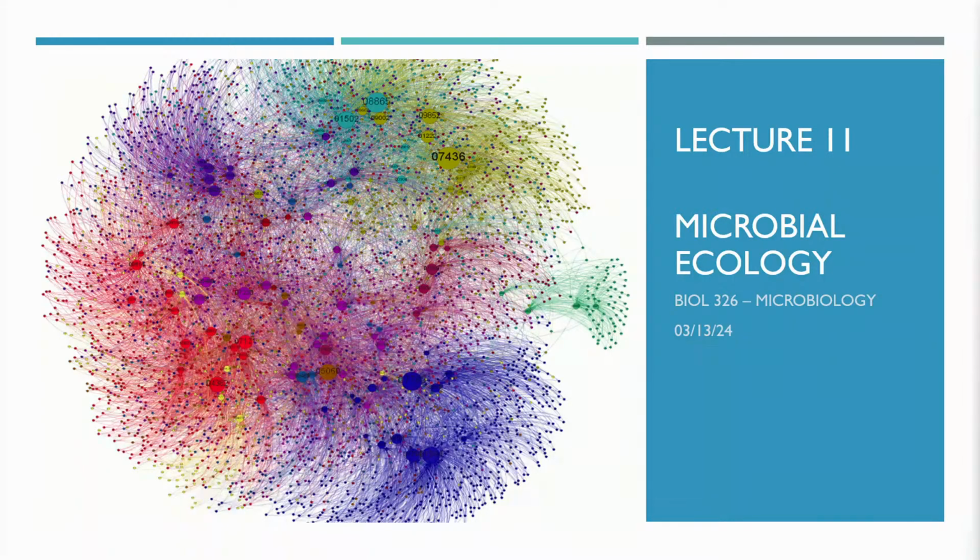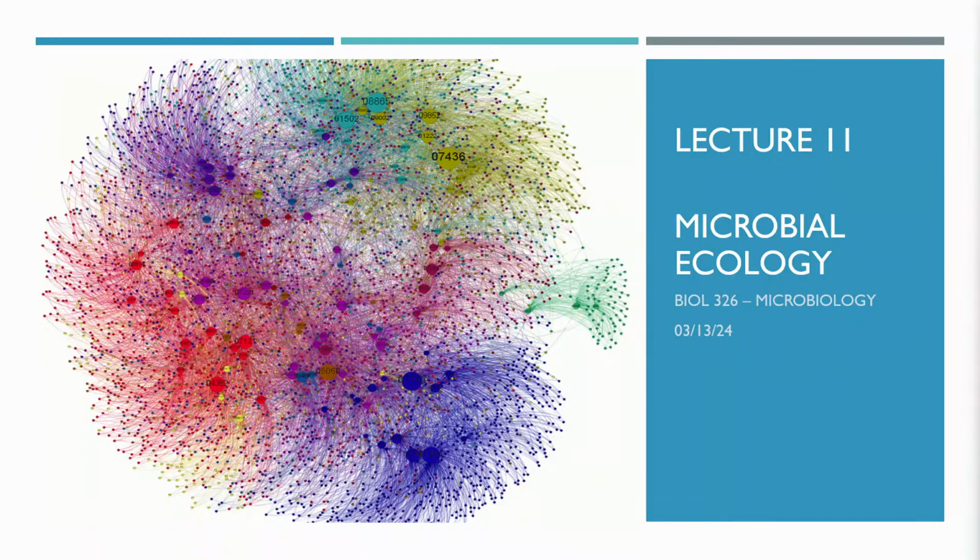All right. So today we are going to get into Unit 3, and this is actually probably one of my favorite sections to teach and just to learn about. We're going to be talking about microbial ecology. Bacteria are constantly going into different environments, and they have to alter their physiology and their profile expression.